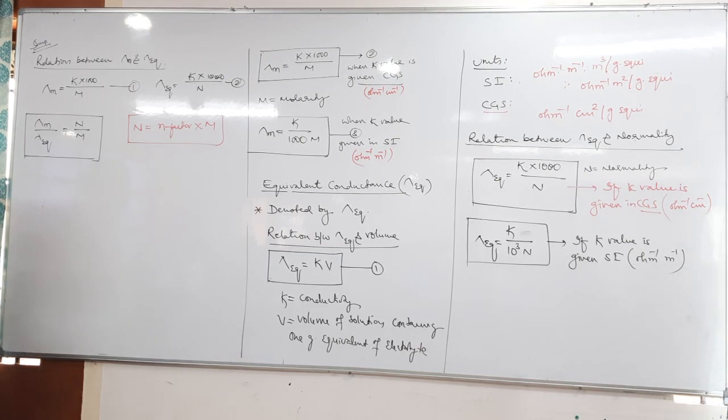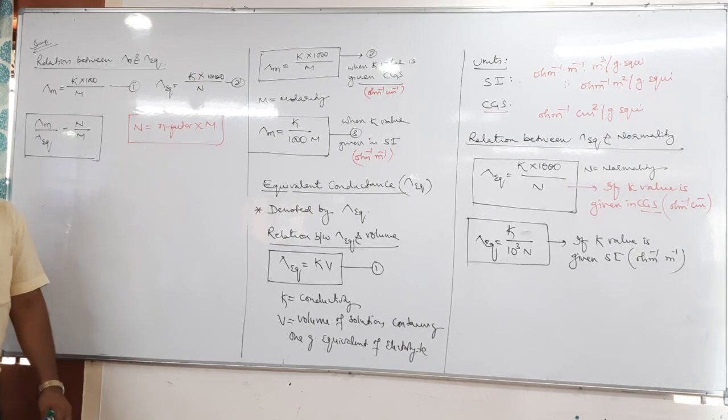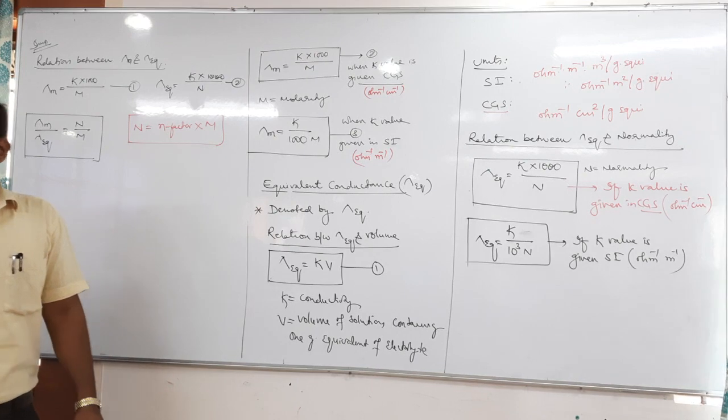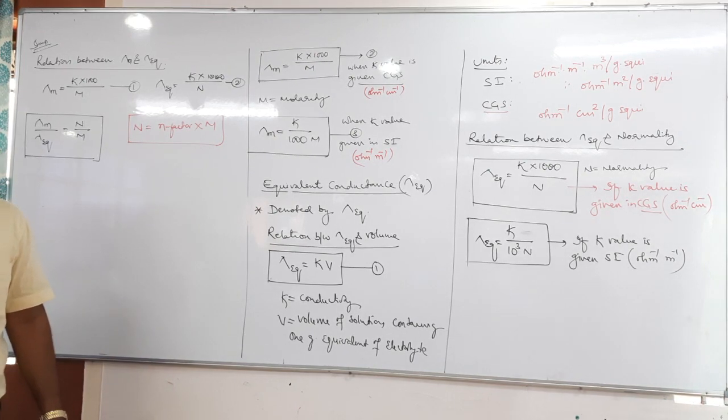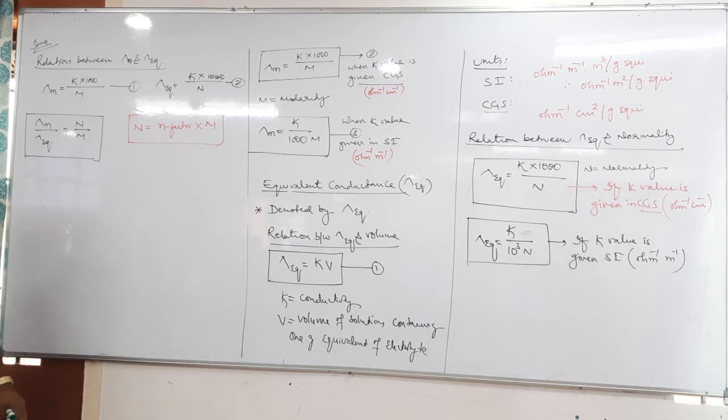It is natural. But when you study a second time, you will not forget. Obviously, it should not. If you forget that also, there is something wrong in studying. So normality equal to n factor. The n factor may be acidity or basicity or valency or number of electrons lost or gained, etc.